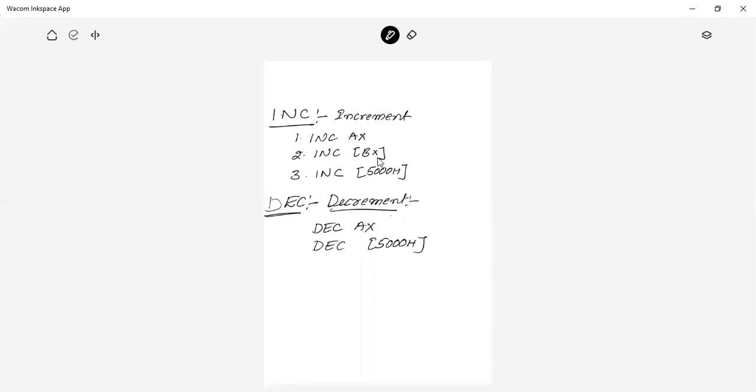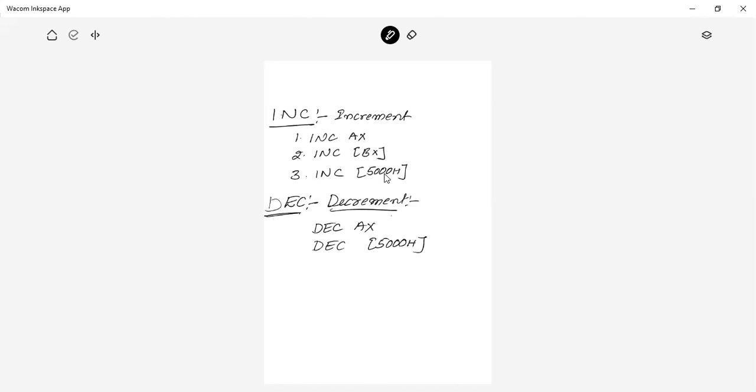Right. So, in the address specified by BX, whatever data is available, that data will be incremented by 1. This is indirect addressing mode. The first one is register addressing mode. The third one is direct addressing mode.